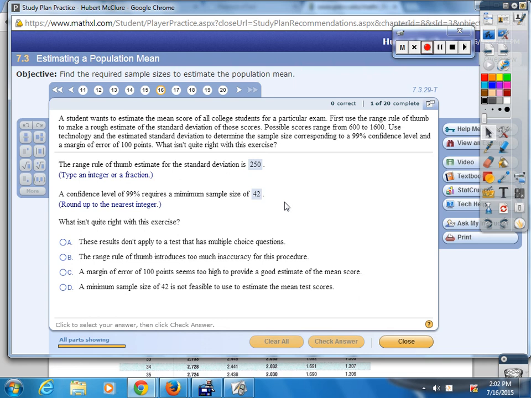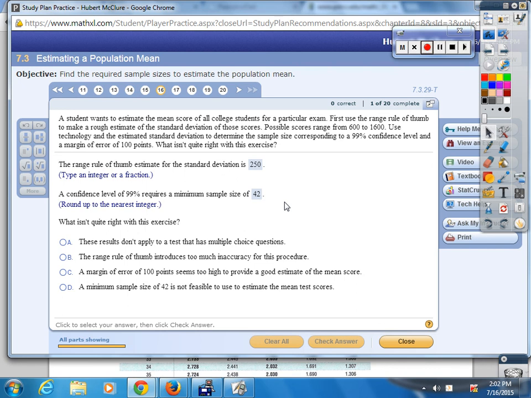What isn't quite right with this exercise? Well, these results don't apply to a test that has multiple choice questions. That makes sense. The range rule of thumb introduces too many inaccuracies for this procedure. I agree with that. The margin of error of 100 points seems too high. That's also true, but you're talking about a mean.